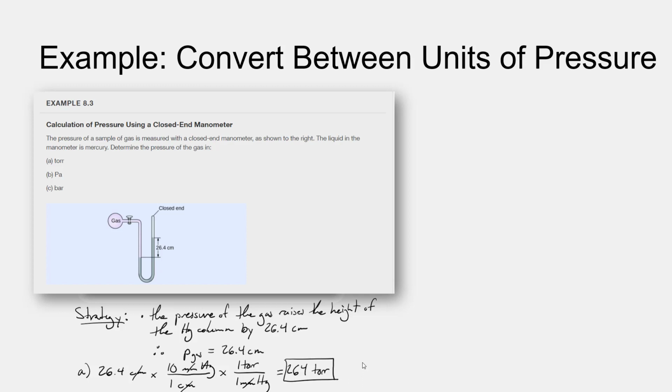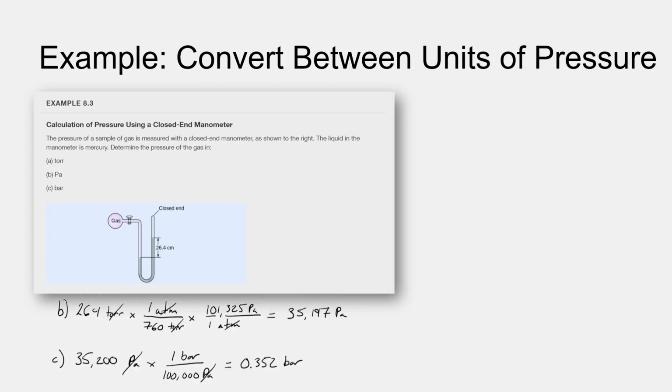We do the same process for pascals and bars. Well, we can start where we left off with 264 millimeters of mercury, or 264 torr. There's 1 atmosphere per 760 torr, and there's 101,325 pascals per atmosphere of pressure.